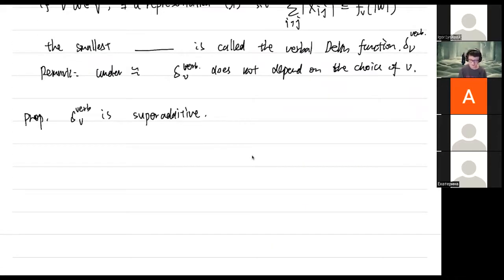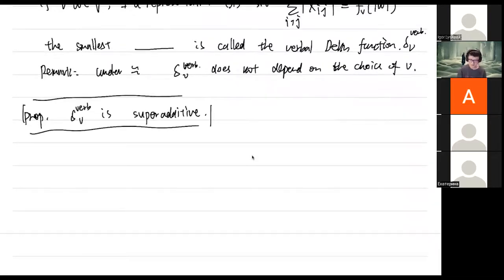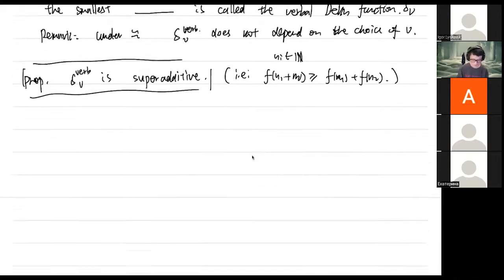Just a side note: this function is always superadditive, which let me just remind you, a function f from natural numbers to natural numbers is superadditive if f of n1 plus n2, where the n_i are inside the natural numbers, is greater than f of n1 plus f of n2. Okay, so that's superadditivity.